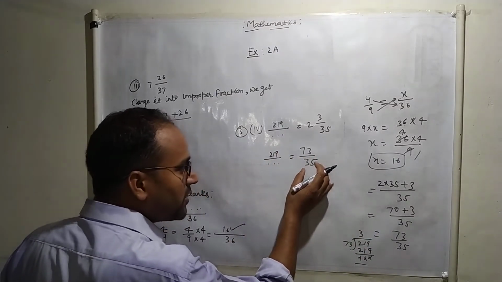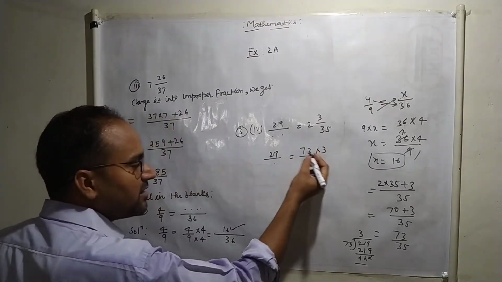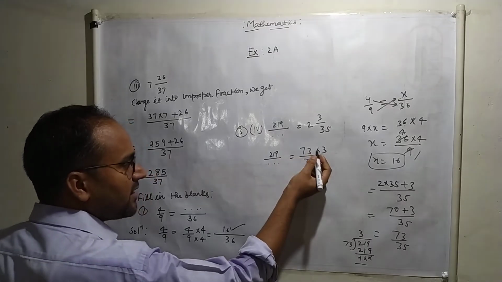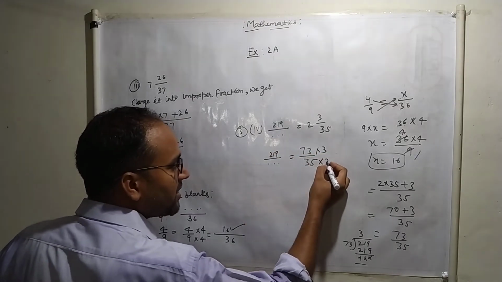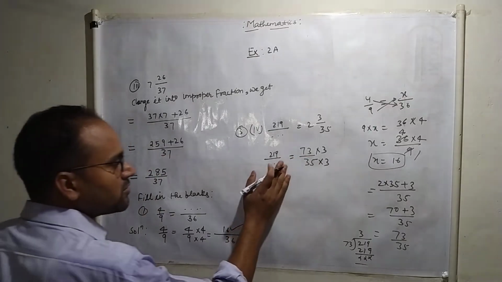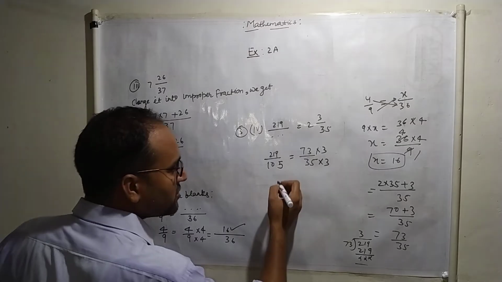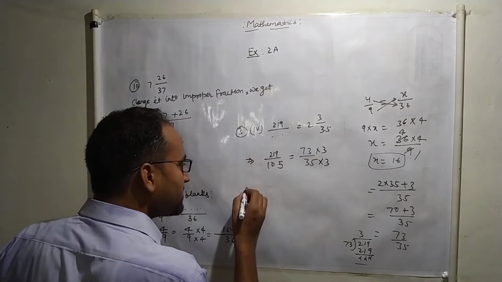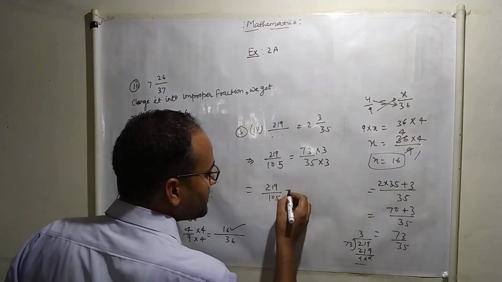So by the same number you will multiply 35 also. 3 5s are 15, and so on. So again you will multiply 3 in the denominator also. So what will you get? 105.